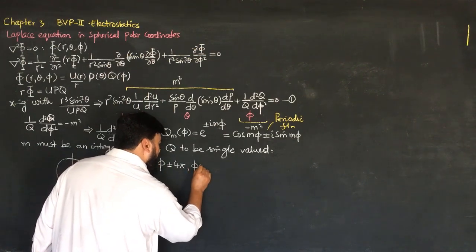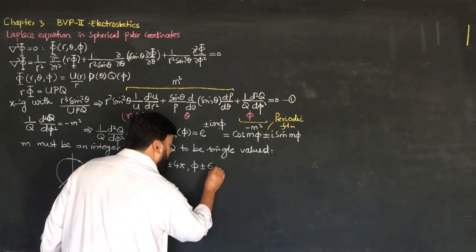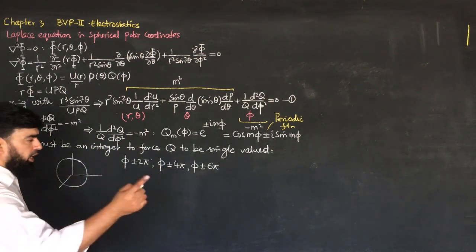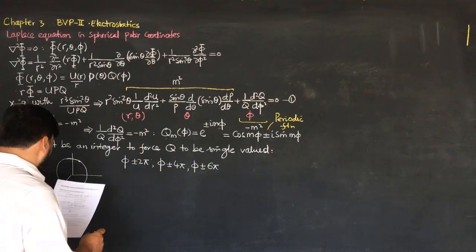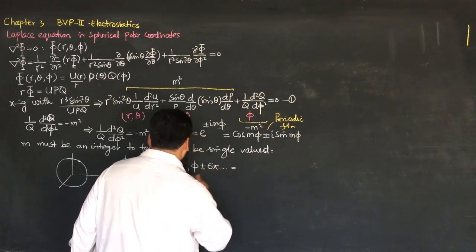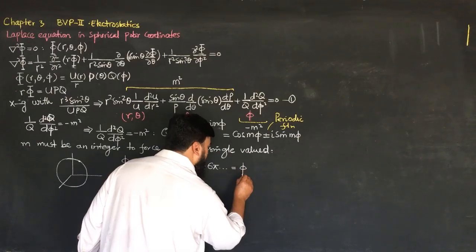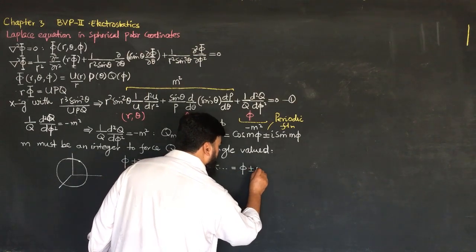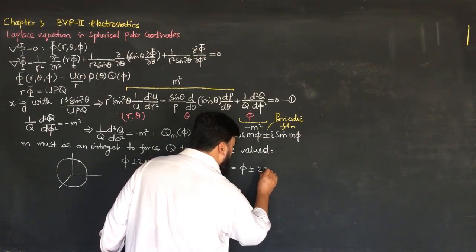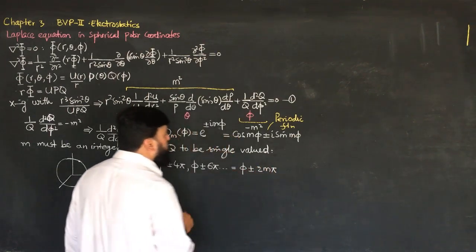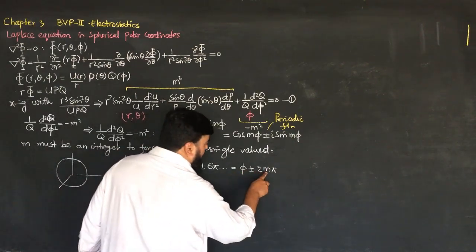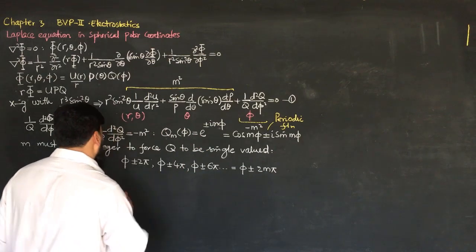Similarly, phi plus minus 6 pi. This will continue, in any 2 pi rotation I will be there. So I can say that this is equal to phi plus minus m times 2 pi. Now m should be an integer.